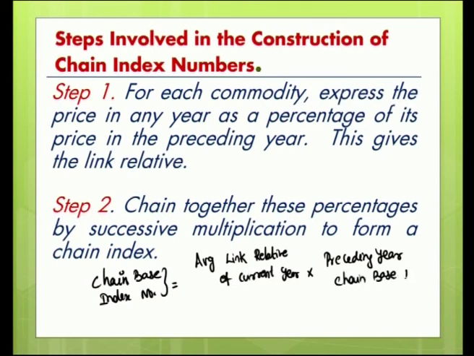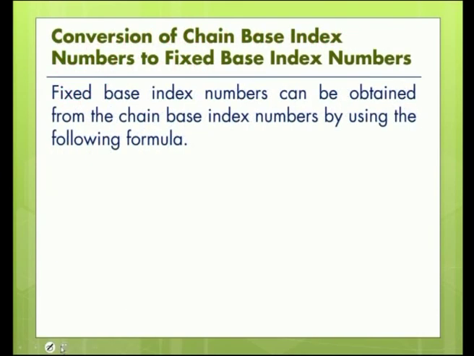First of all, the chain base index for the first year, the base year, is fixed as 100. Then we calculate the chain index as discussed in step 1. So, the average link relative of current year into preceding year chain based index, divided by 100, gives you the chain based index number.